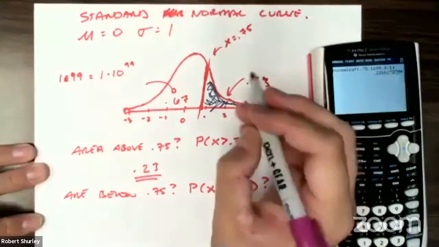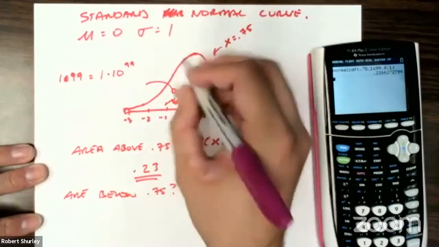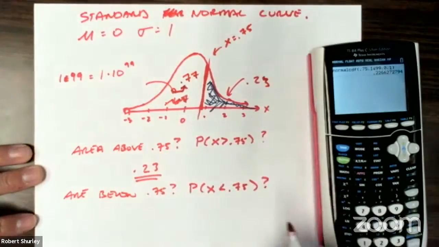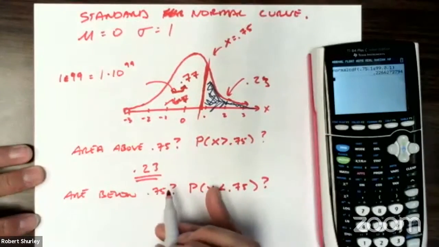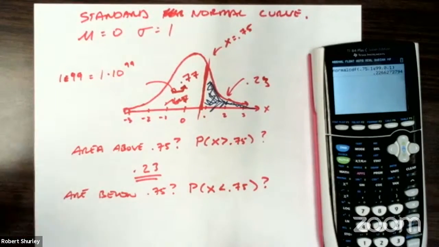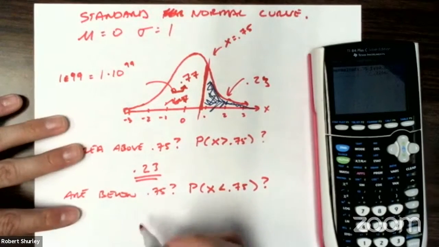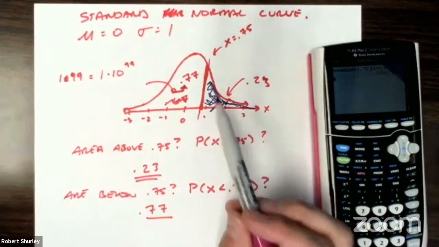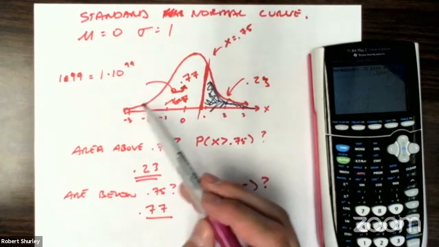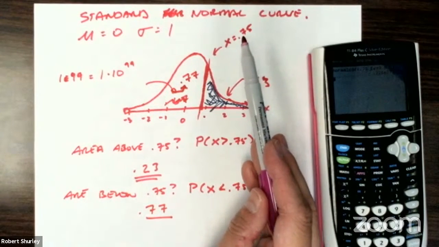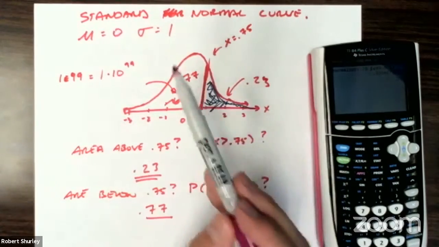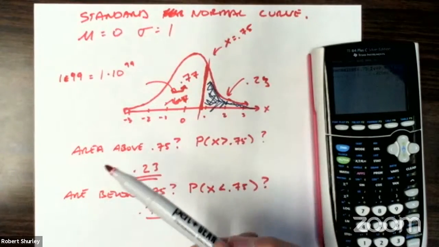It would be 0.77. My brain overthought that one. You saw the 3 and yeah. So the area below 0.75 would be 0.77. So 77% of our data lies below 0.75 on a standard normal curve, and 0.23 above.